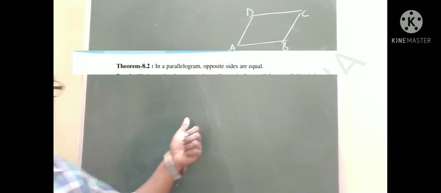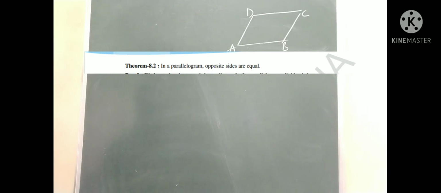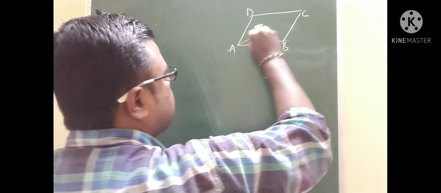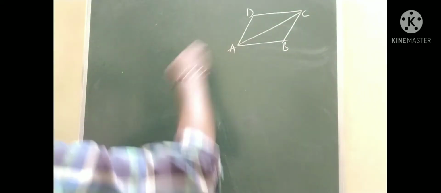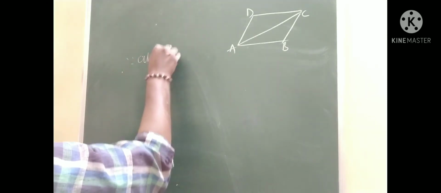Second property. What is the second property? In a parallelogram, opposite sides are equal. So not only are opposite sides equal, opposite angles are also equal. Let us prove that. Already, by considering AC as a diagonal, we have proved these two triangles are congruent.